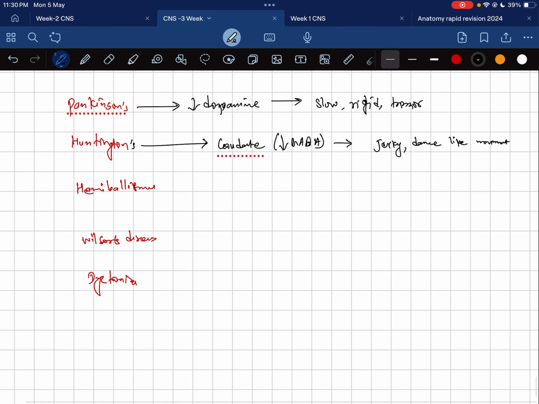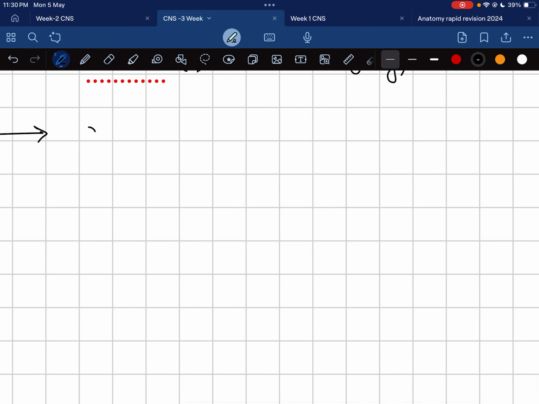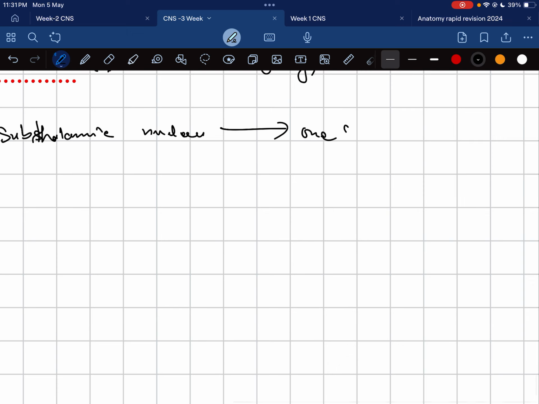Regarding hemiballismus, there is a subthalamic nucleus damage, a problem in the subthalamic nucleus. There is one-sided flailing movement.